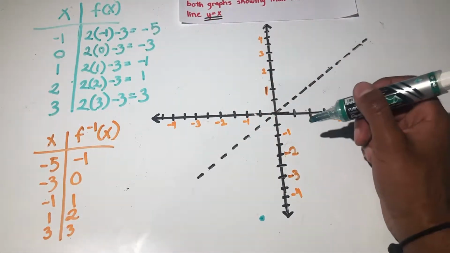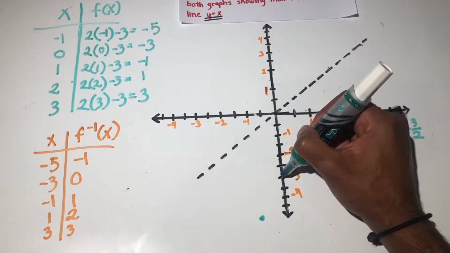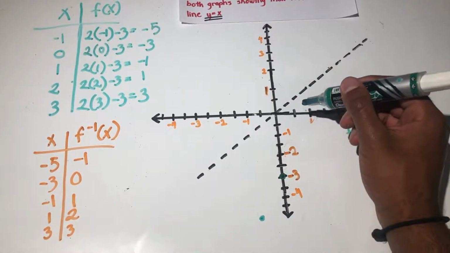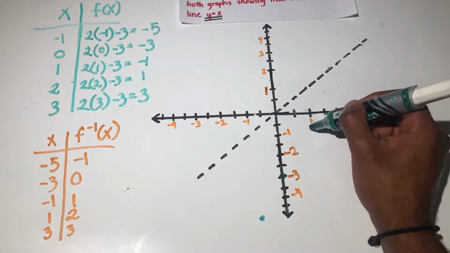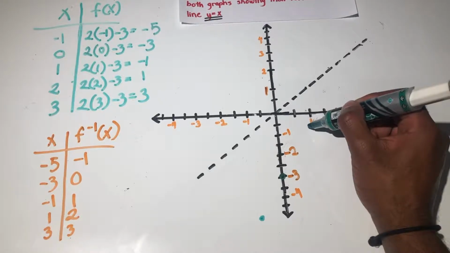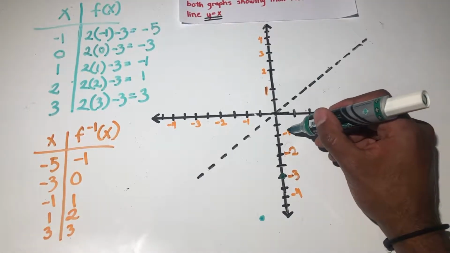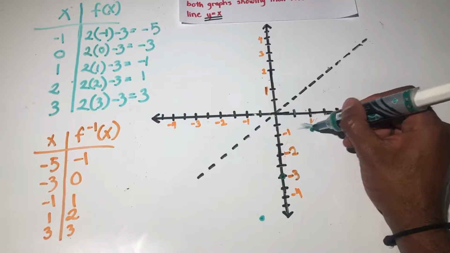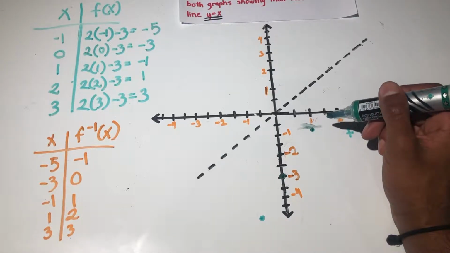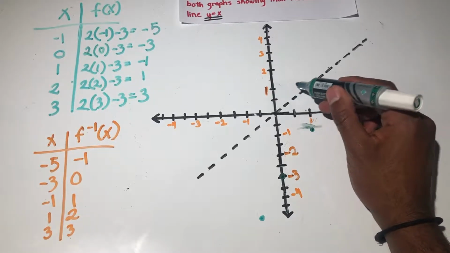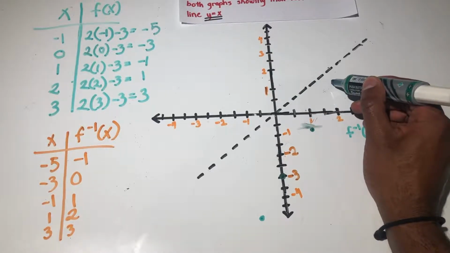Then we have 0 and -3, which is here on the y-axis. We have 1 and -1, so somewhere here, oh, that's a little bit off. Right here. And we have 2 and 1, somewhere here.